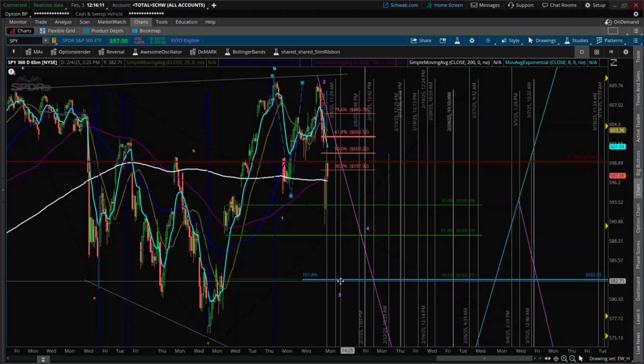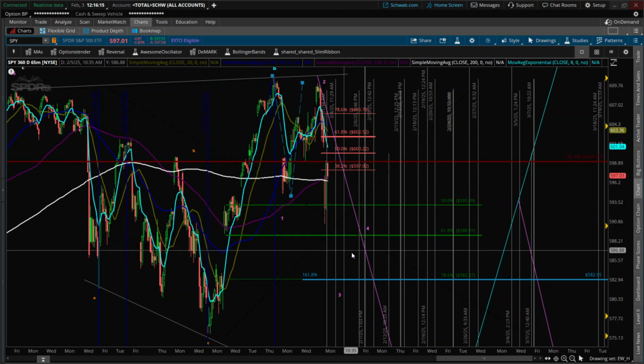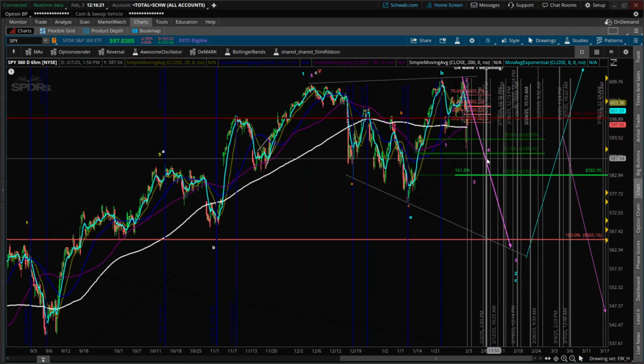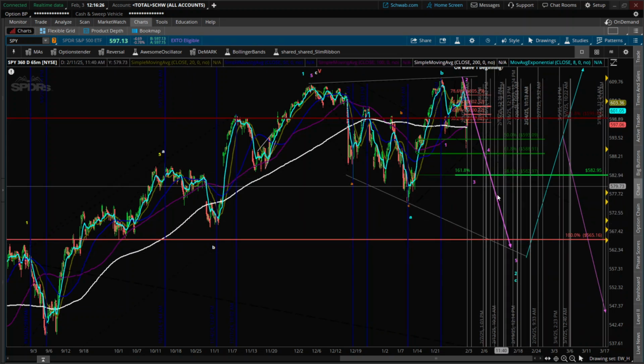Now, if that happens, I think this is more of an expanding move, meaning momentum is increasing as the wave count happens. So we get a 3, a 4, and then we should get an extended 5, where we get a 5-wave move down here, and it reaches the targets.